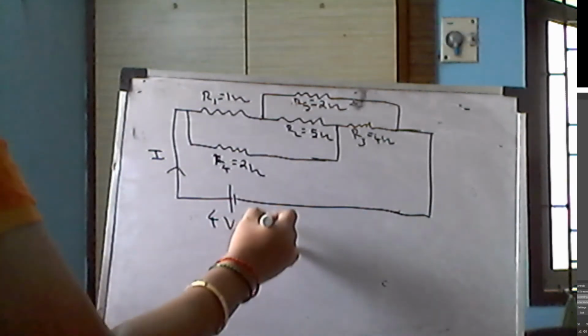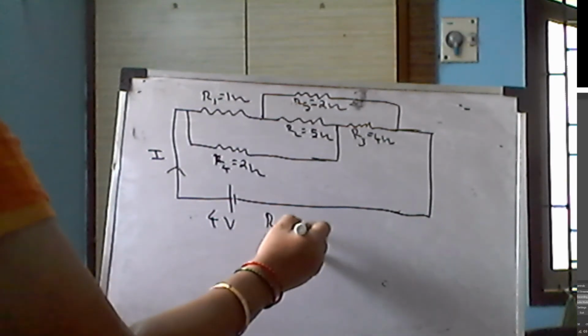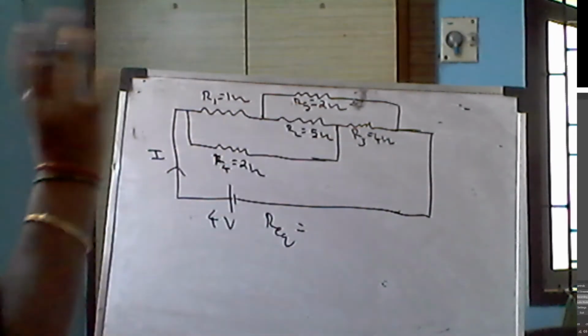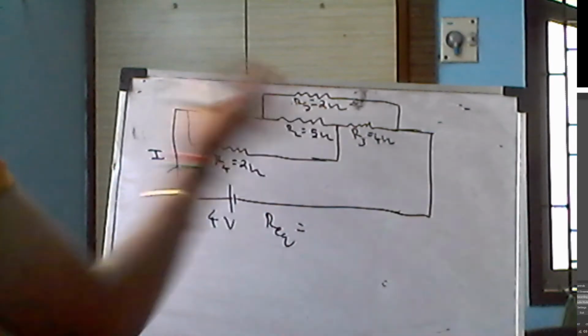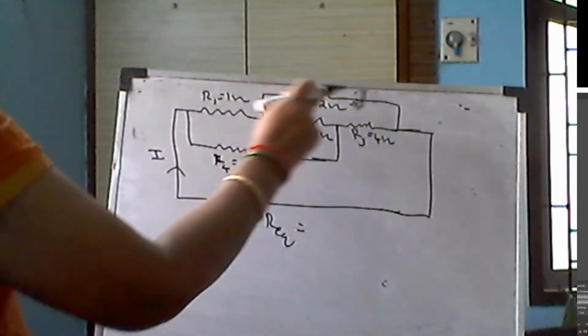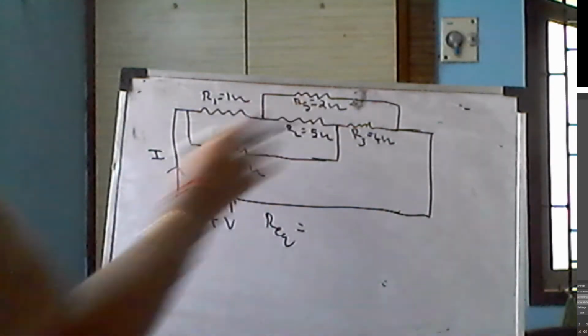So your R equivalent is, because you have to consider this as a Wheatstone bridge, because the fifth resistor is at the middle. You check whether it is a Wheatstone bridge. So R equivalent is 1 plus 2, 3, and 2 plus 4, 6.